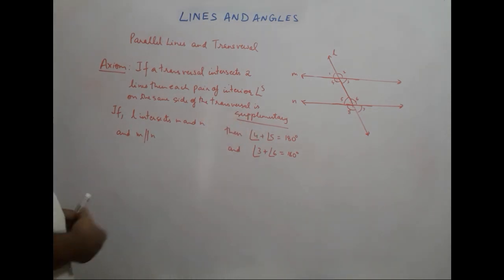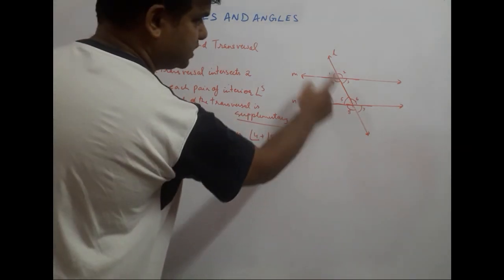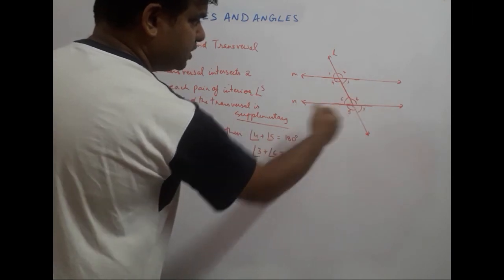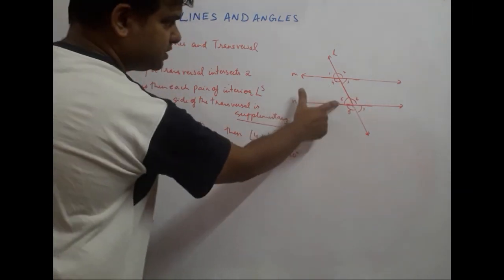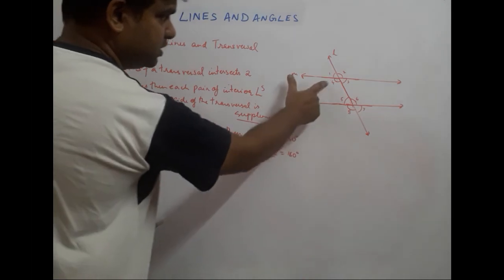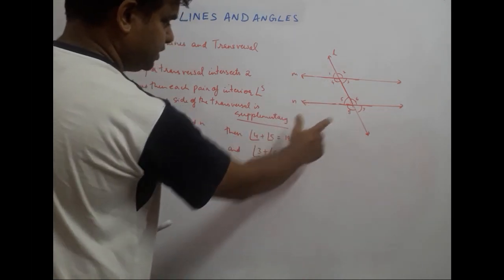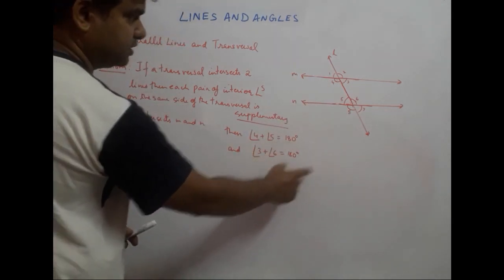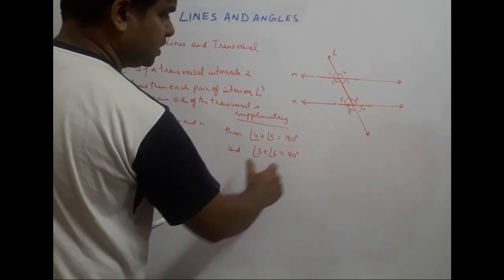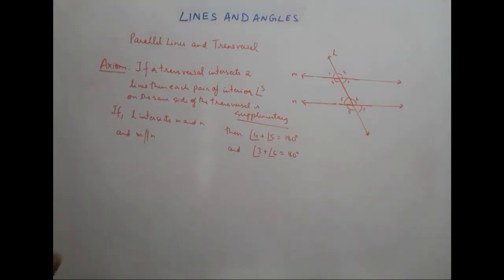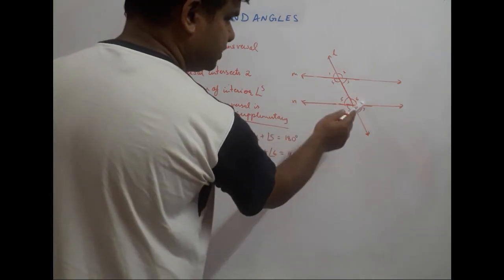Now supplementary, what it says is, if this line intersects two parallel lines, then the sum of interior angles, which are 4 and 5, gives you 180 degrees, and 3 and 6 give us 180 degrees. So the sum of interior angles on the same side, very important, on the same side, not alternate.